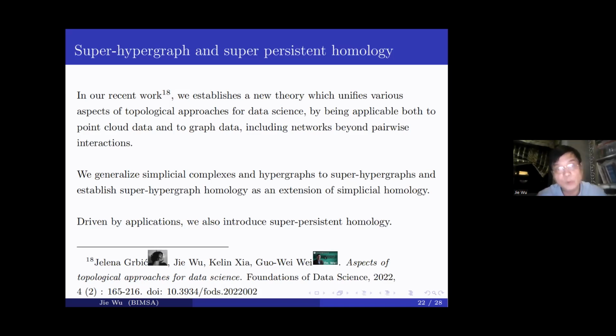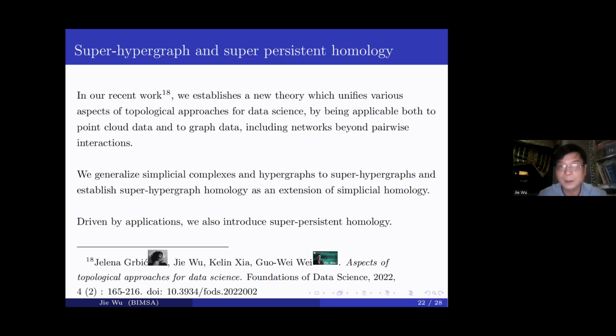Then you move all the games to how to study graph data. Of course, in point cloud data you also have a distance, and we just treat it as a weight or some other information you put on the edges. So then we look at the more general situation.